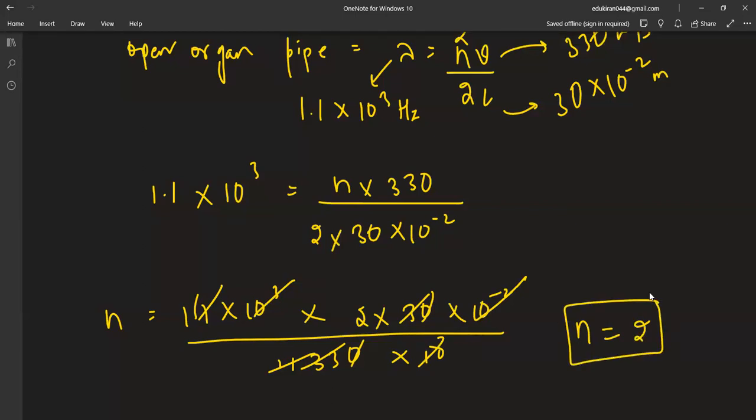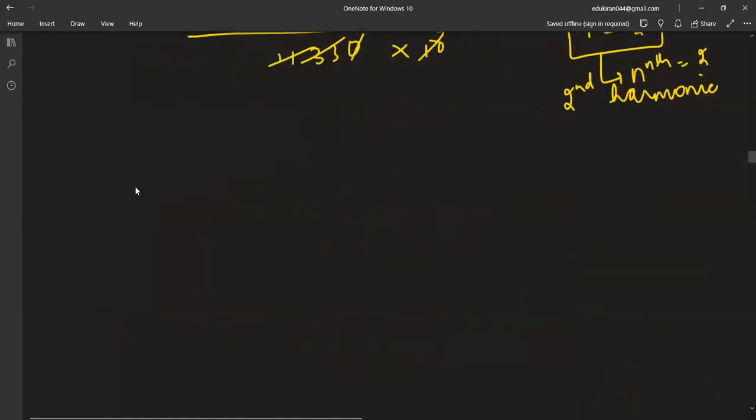Nth value is 2, that is the second harmonic. All right.